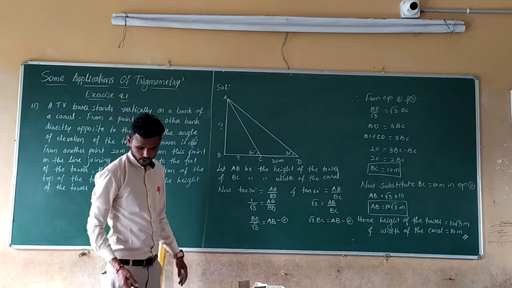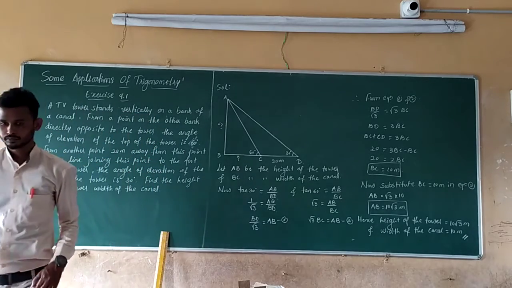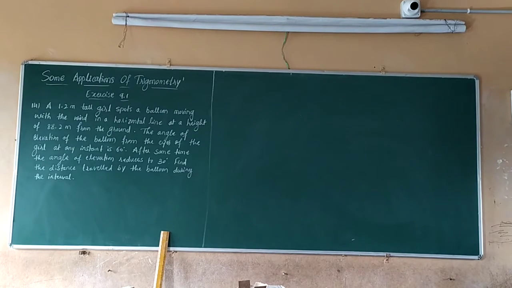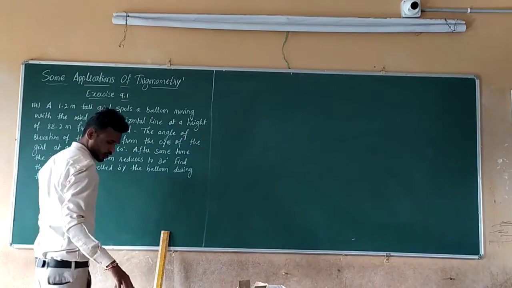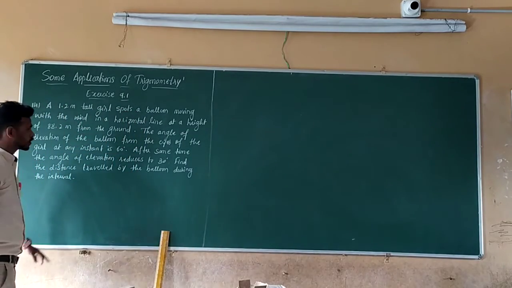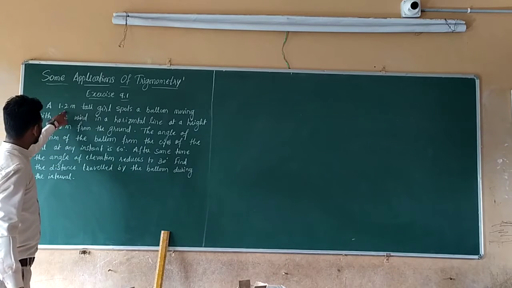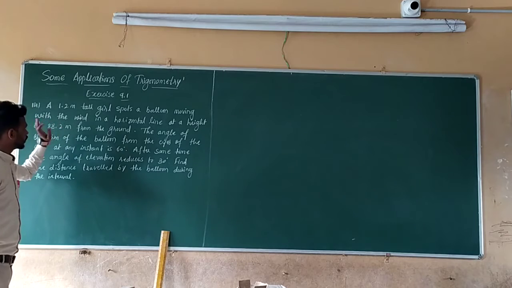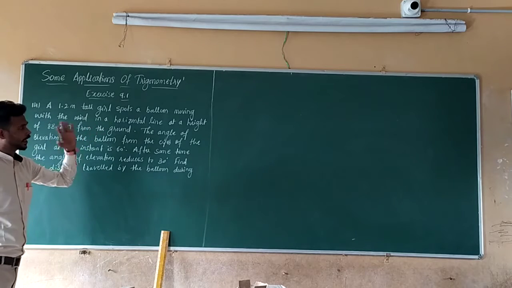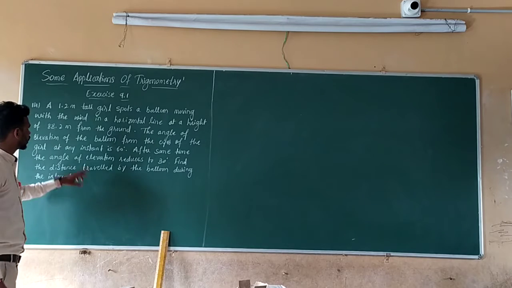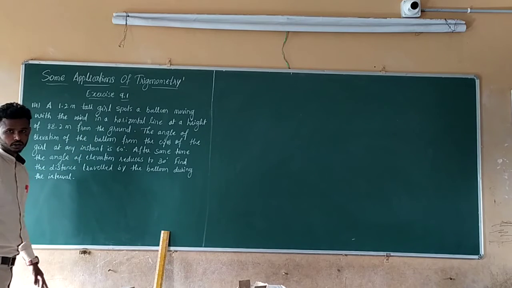Okay, we'll see the next question, that is the 14th one. Okay, dear students, let us see the 14th question. A 1.2 meter tall girl spots a balloon moving with the wind in a horizontal line at a height of 88.2 meter from the ground.